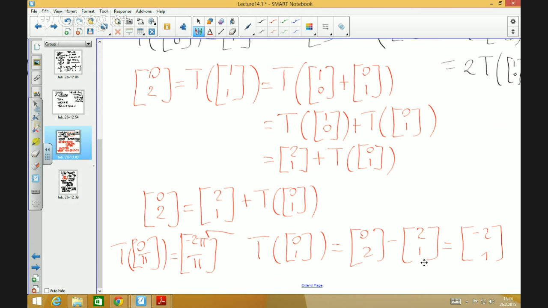So being a linear transformation and being a matrix transformation are exactly the same thing. If somebody gives you a linear function, you can always find the matrix that induces that function by matrix multiplication. Moreover, if somebody gives you a matrix transformation, you're guaranteed that that transformation is a linear function.